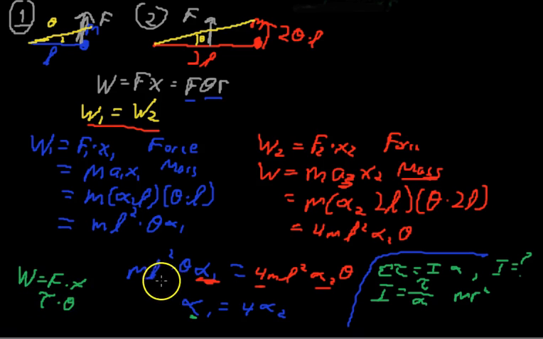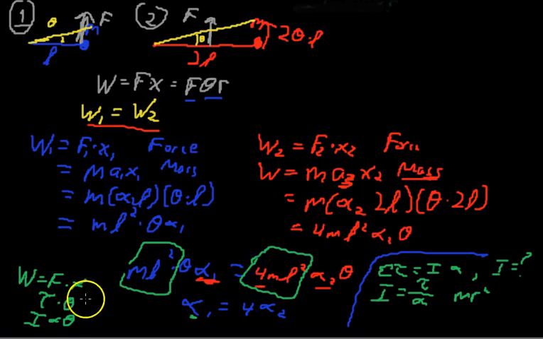So what we have here is torque times theta, which I can then say is I alpha theta. And so basically everything other than the alpha and the theta makes up this thing that we call I, which we didn't really know what it was at first, but now we can see that it is related to m times the distance of the mass from the axis of rotation squared.